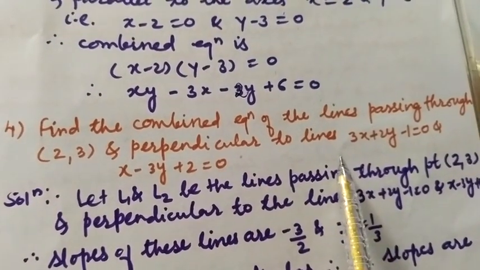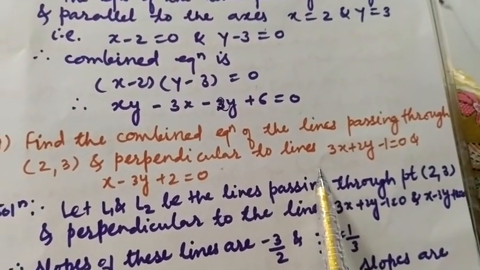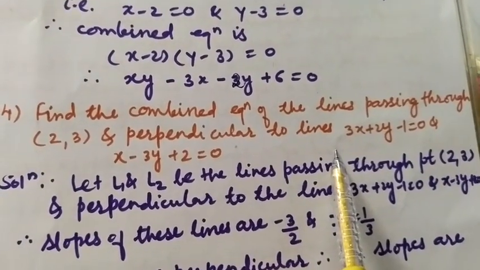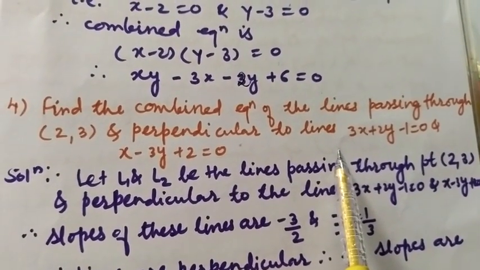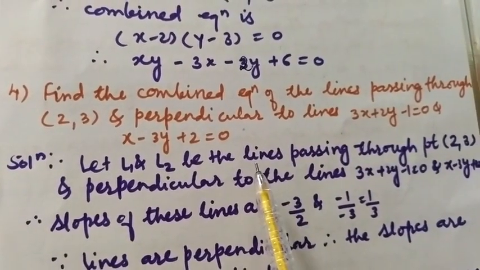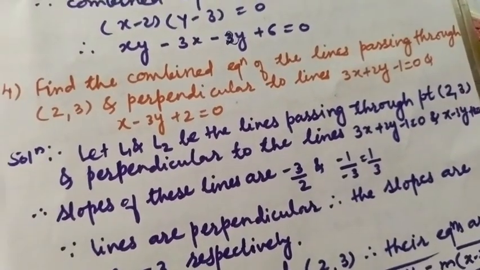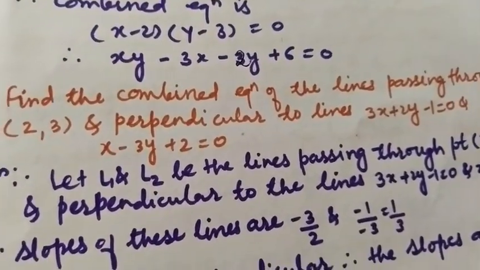We want to find the combined equation, which is passing through the point (2, 3) and perpendicular to the given lines.